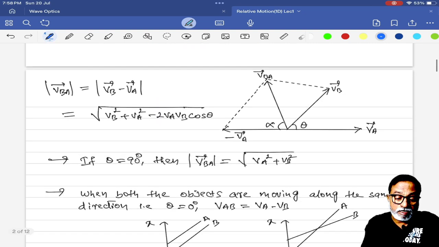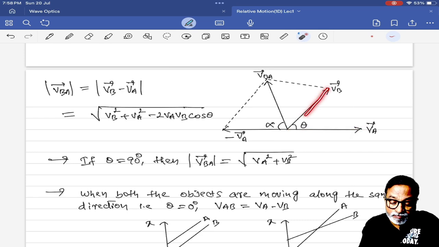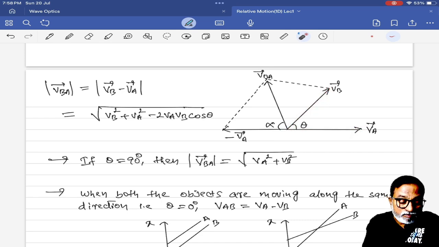Next, here, this is the velocity of A and this is the velocity of B. Velocity of B with respect to A means VB minus VA. Its magnitude is square root of VB square plus VA square minus 2 VA VB cos theta. This is the magnitude of the resultant velocity.